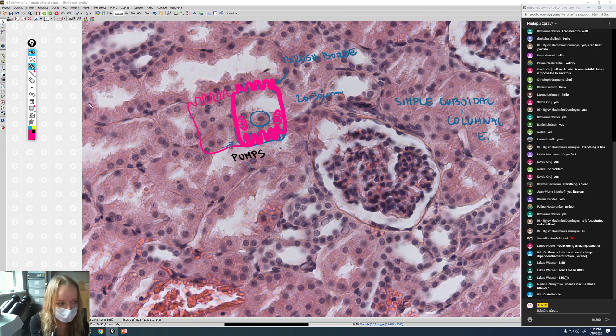And what we can see in electron microscopy, not in light microscopy, is that these cells are connected together with interdigitations. Is that correct? Yeah. Interdigitations.